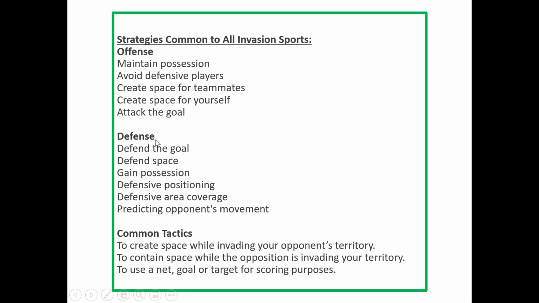If you wanted to write your objectives about defense, maybe you would talk about defending the goal, defending space, gaining possession, defensive positioning, defensive area coverage, predicting an opponent's movement, or you could talk about common tactics, which is to create space while invading your opponent's territory, to contain space with the opposition invading your territory, or to use a net, goal, or target for scoring purposes. So these might help you write your objectives if you need.